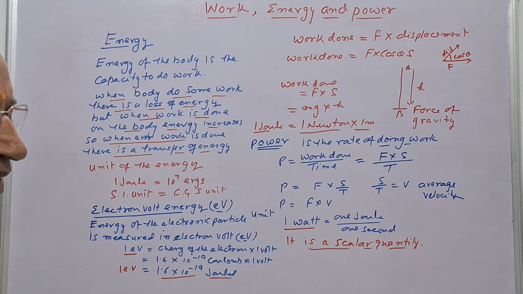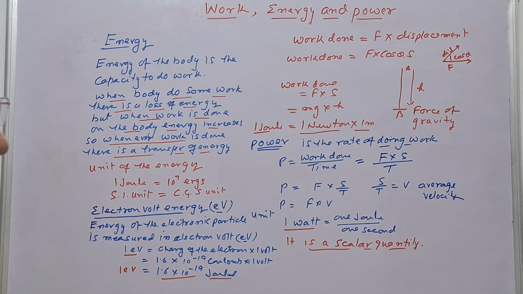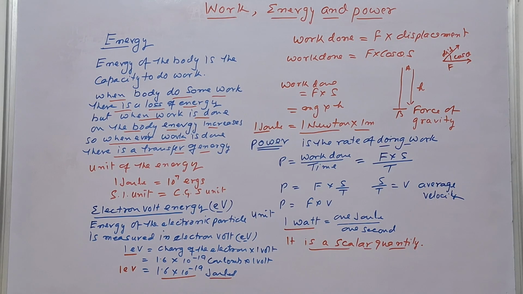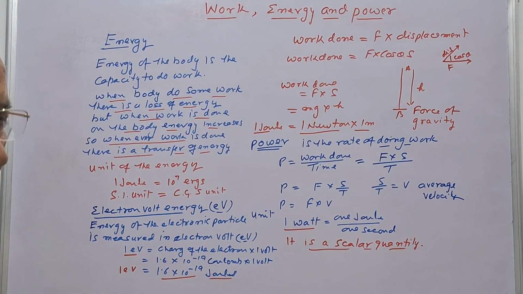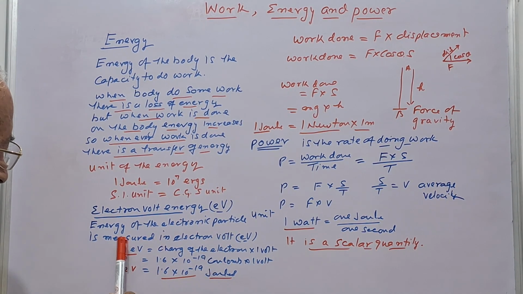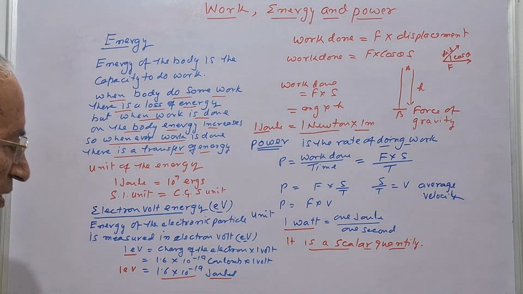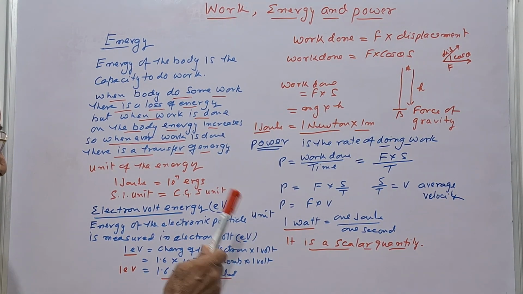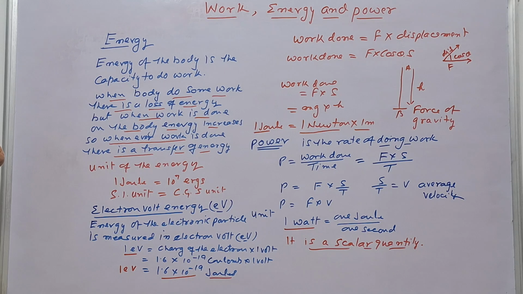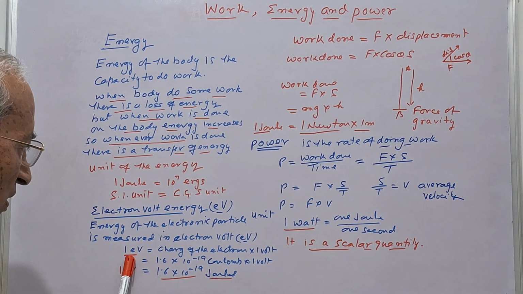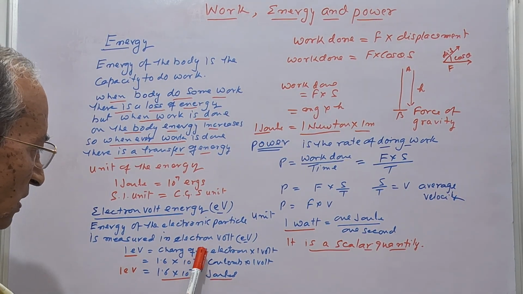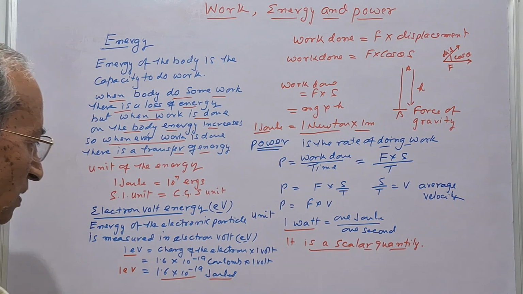Now how is electron volt energy measured? Electron particles take energy or lose energy. So the energy of an electronic particle is measured in electron volt, that is small e and V. 1 electron volt is equal to the charge of the electron in 1 volt.